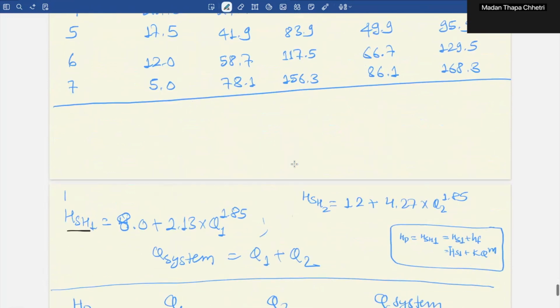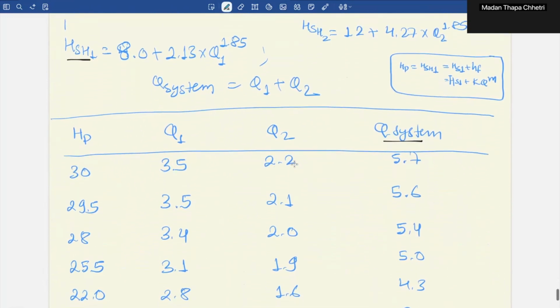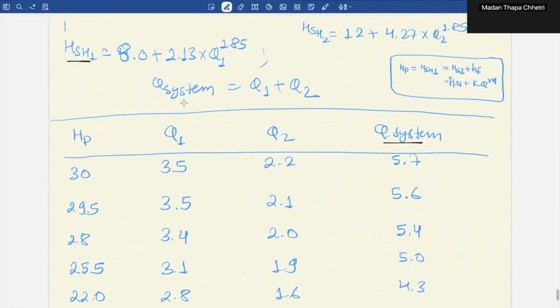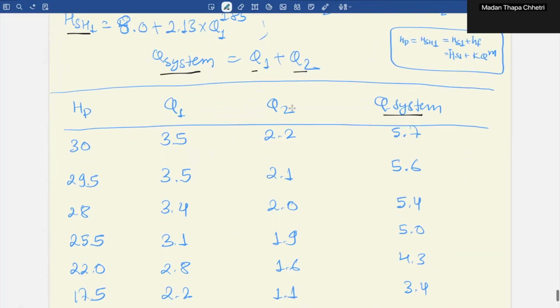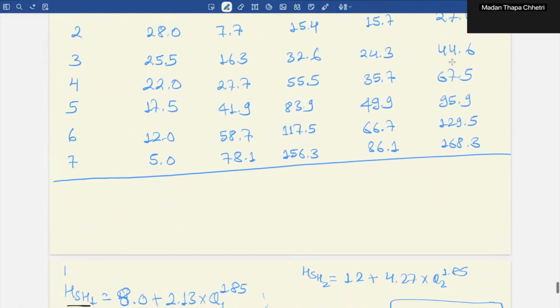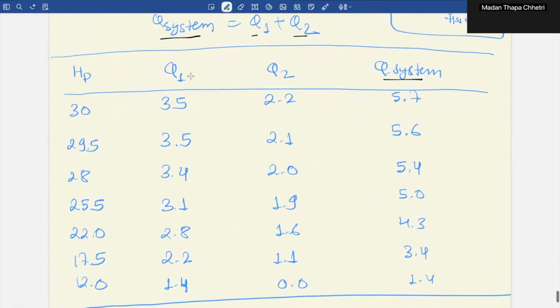You can look at how I did this. Let us move to another step where we will be computing Q1 and Q2. Before that, the total flow rate of the system will be equal to Q1 plus Q2. Since we know the system head for pipe 1 and pipe 2, we can compute Q1 and Q2, and obviously it is the combination of Q1 and Q2.